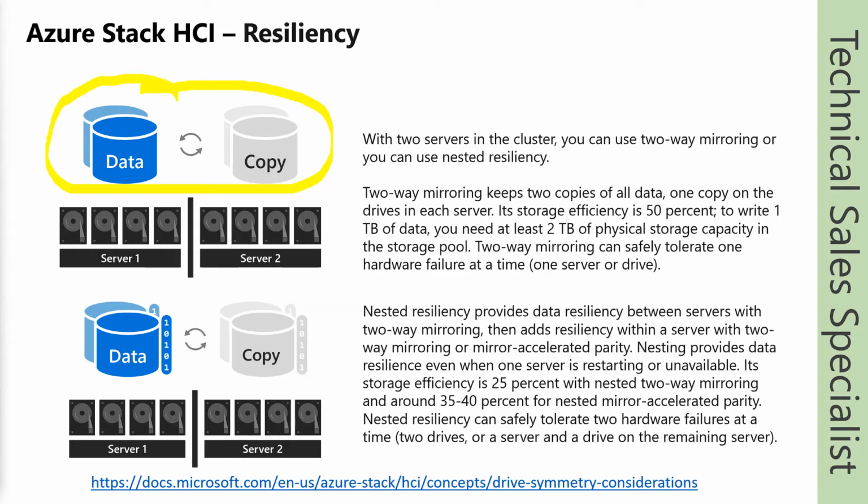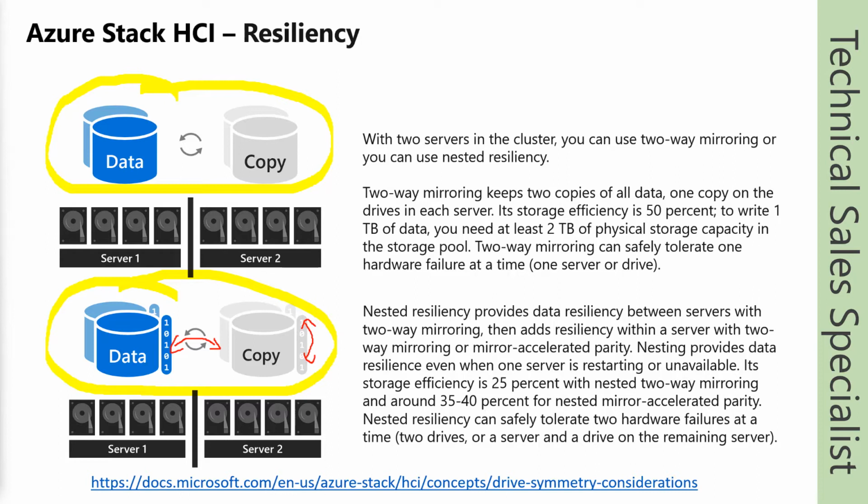This is the reason why I would recommend to always use nested resiliency in a two-way configuration. In this nested resiliency, we have a data copy across the servers, and additionally, we have a local copy of each extent. So this means two copies of each extent locally and two on the other server.